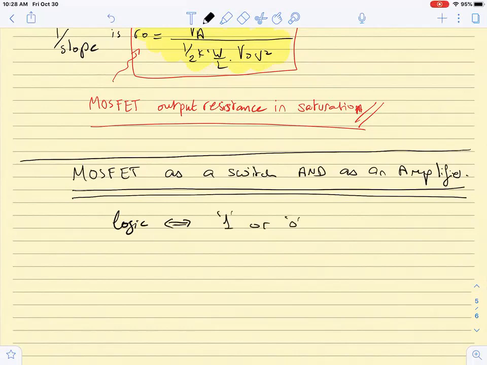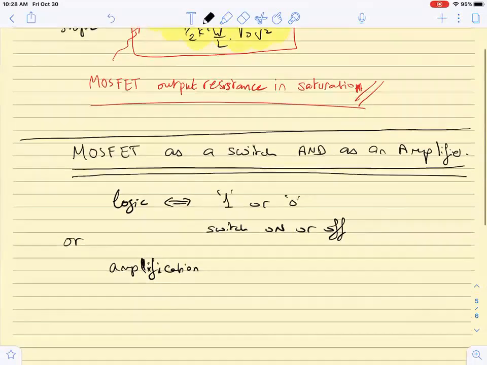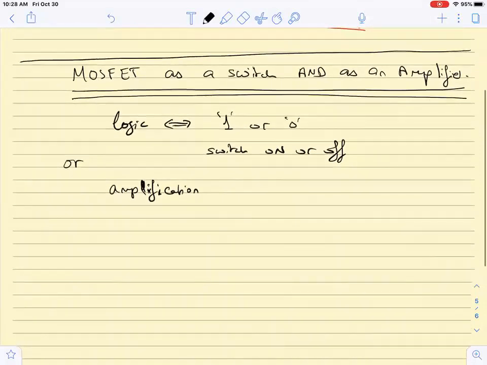Okay, so I want the switch to be on or off. Or we use them to amplify signals, and when I want to use it for amplification in analog domains, then I will operate it in a different region. So the bias point and the signal that we send to the transistor matters.